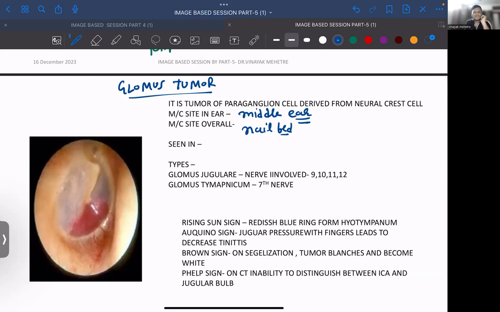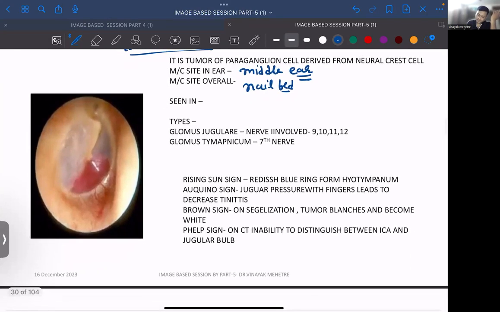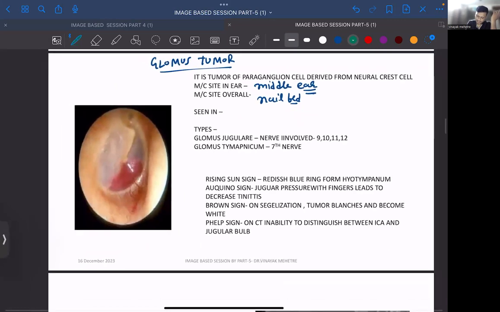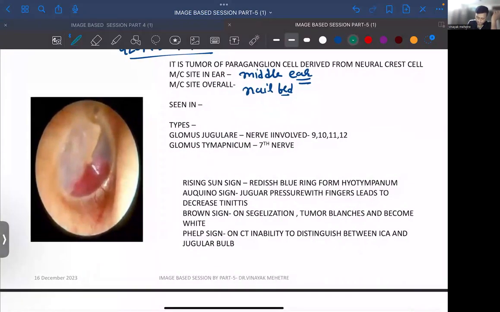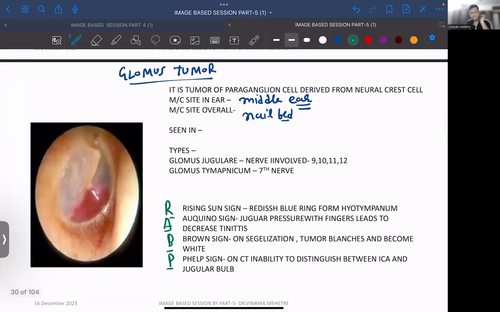Okay, there are so many signs named in the ENT. You can remember glomus tumor signs by using one mnemonic: right atrial BP, RABP. Okay. There was a famous question: brown sign is seen in which disease? क्या हो रहा है? कौन सा आंसर होगा? ग्लोमस ट्यूमर.